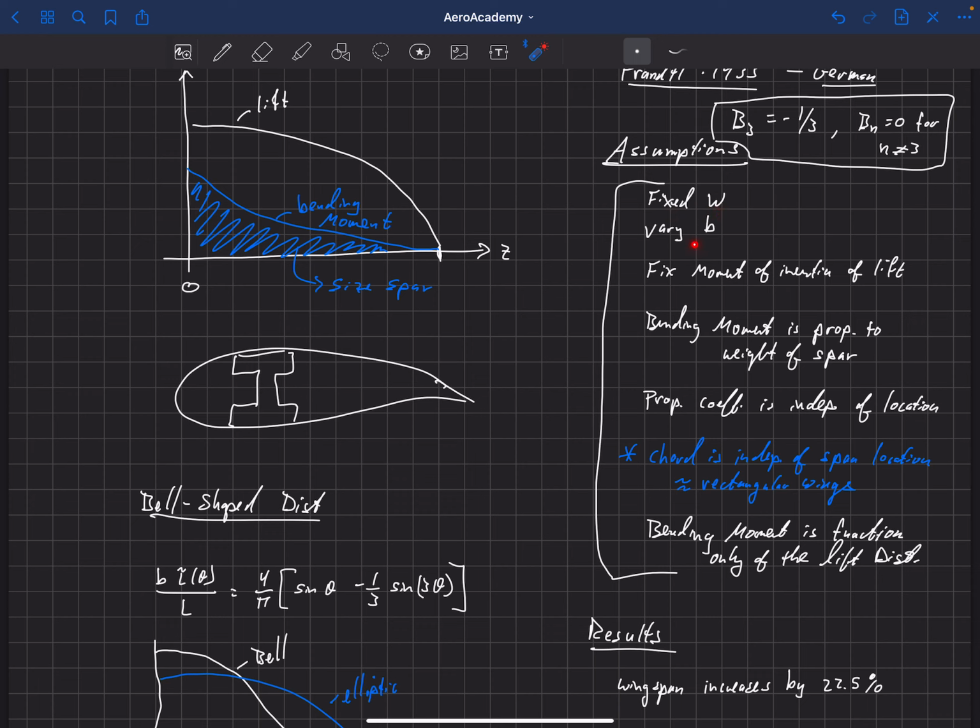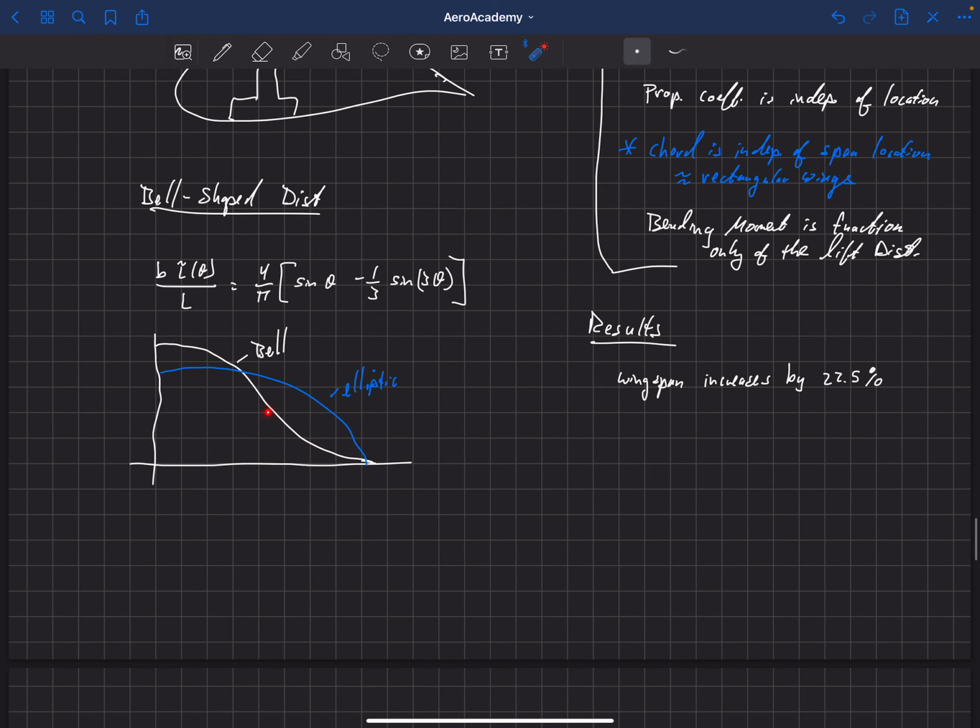If we apply the bell-shaped lift distribution instead, what we get is that induced drag is reduced by 11.1%. These are the numbers that are thrown around out there, and they're correct. This is exactly what he came up with.